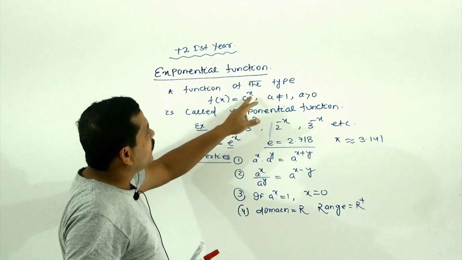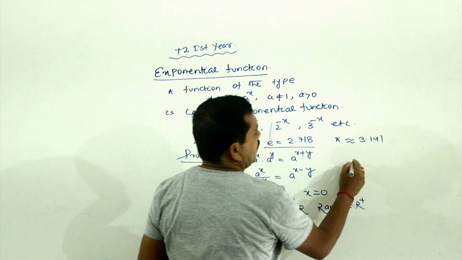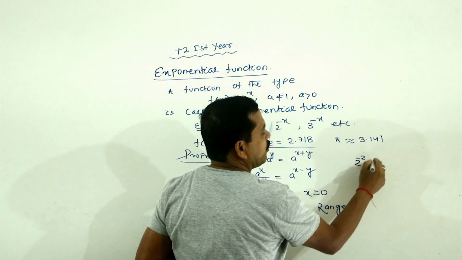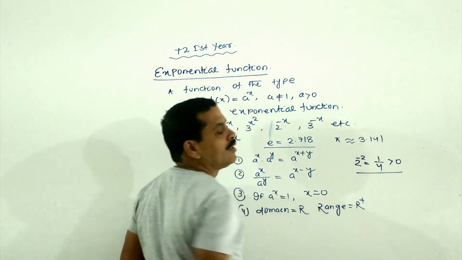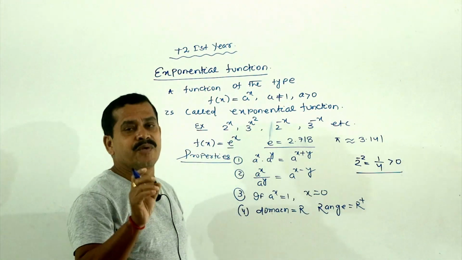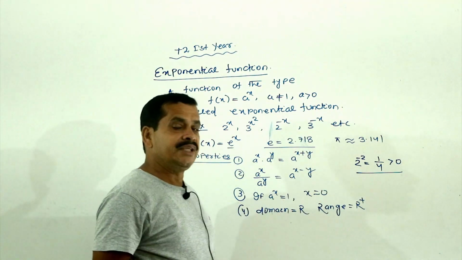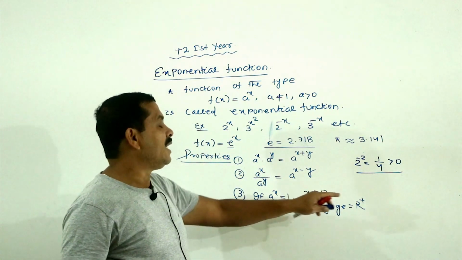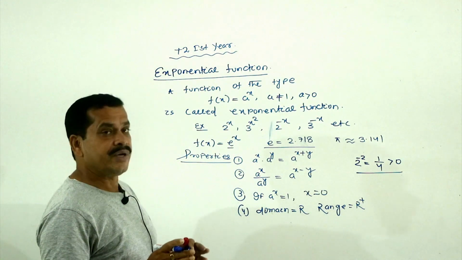Always the value of a to the power x is positive. Suppose we take 2 to the power minus 2, that will be 1 by 4, so it is greater than 0, positive. So its range is positive real numbers and domain is any real number. That is the basic property of the exponential function.